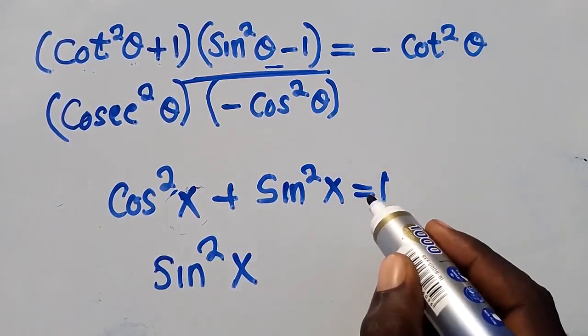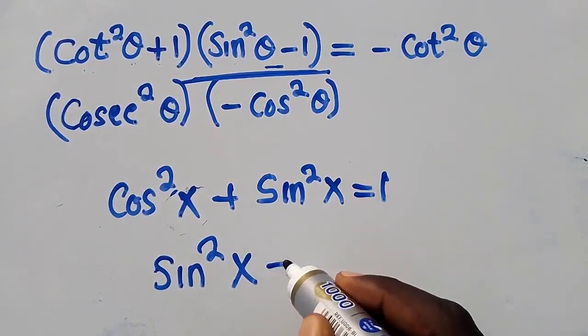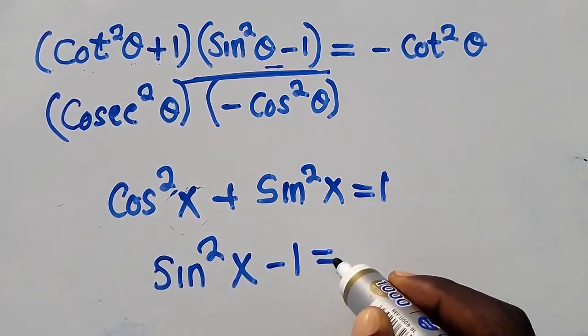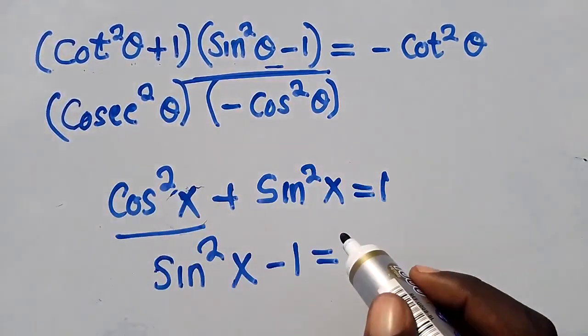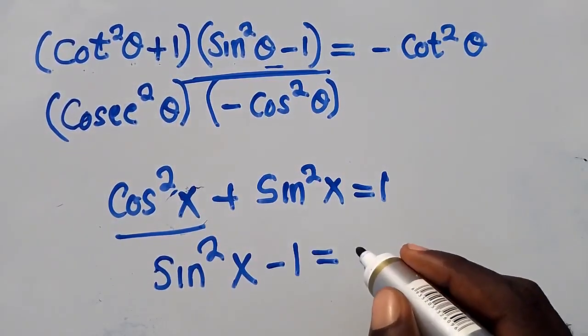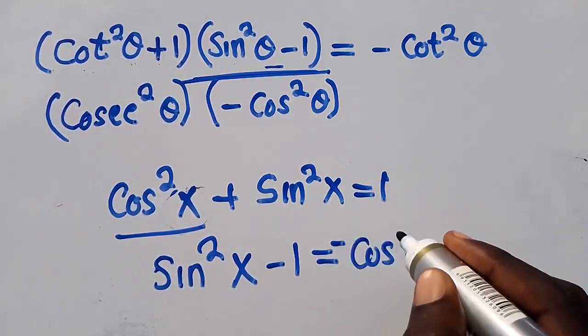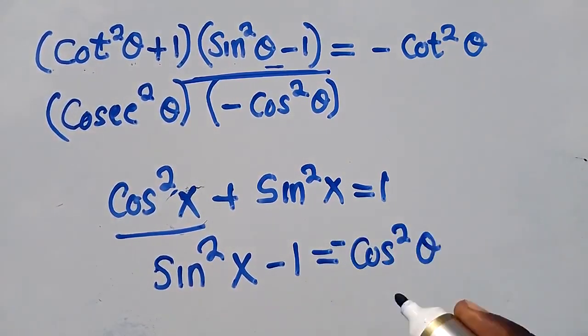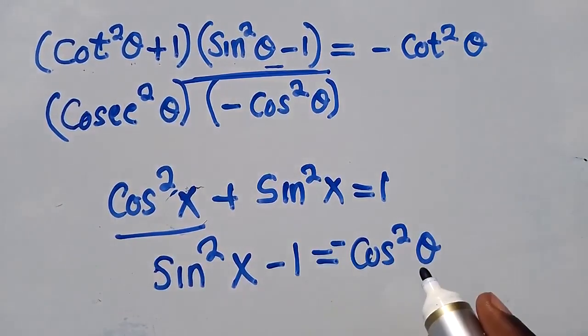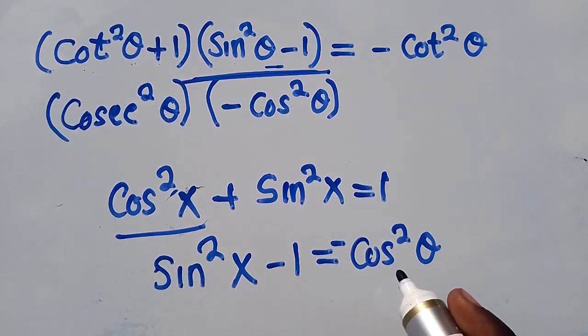When 1 comes this side, we are going to have minus 1, which is equal to negative cos squared theta on the other side of the equation. Have you seen? This is just one and the same thing. So that is the identity that you are supposed to know.